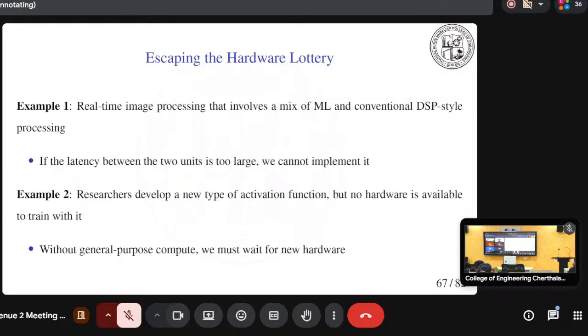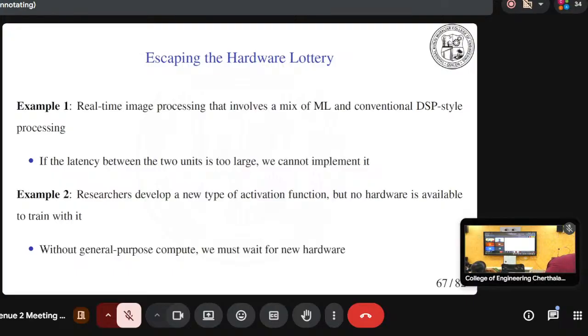The latency of the conventional unit is very short, and the ML will take a much larger time. So this is the reason why AI deployment becomes harder in hardware.